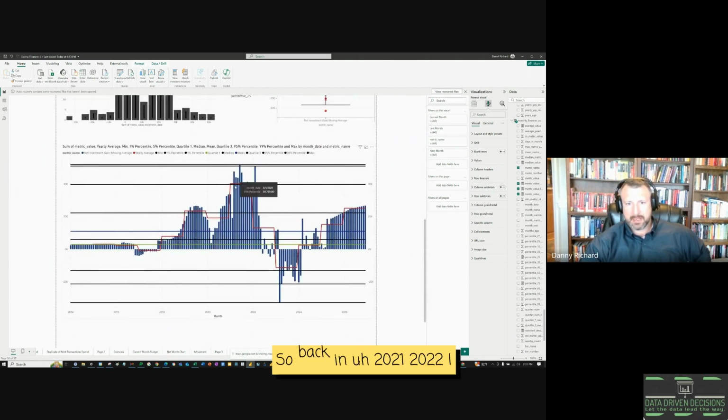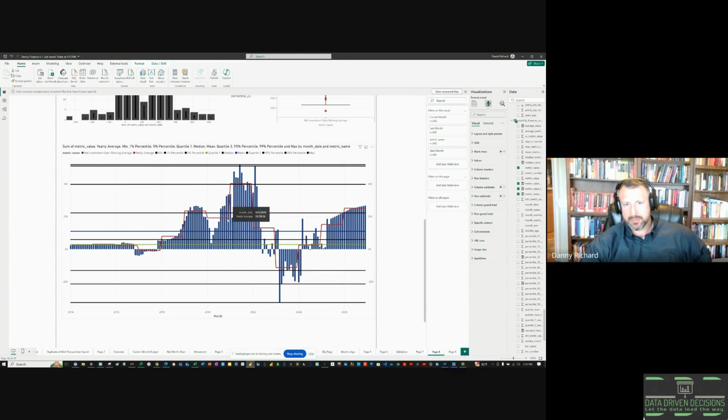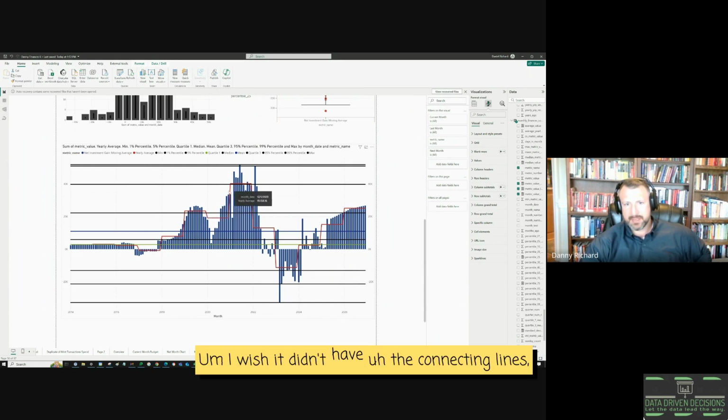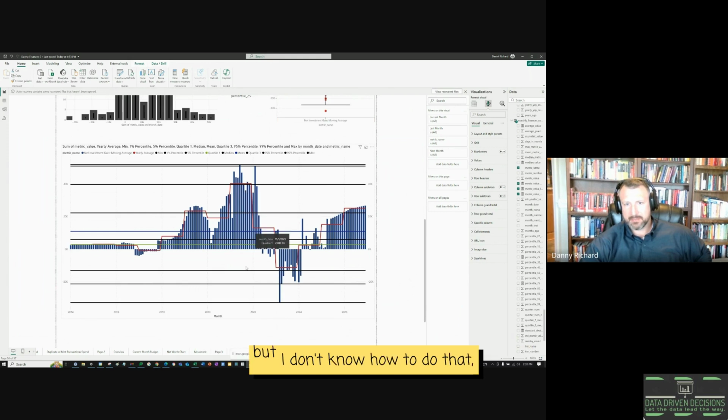So back in 2021, 2022, I was making a net worth gain of 40 grand. I was doing really well then, and you see this line right here. It's the yearly average. I wish it didn't have the connecting lines, but I don't know how to do that.